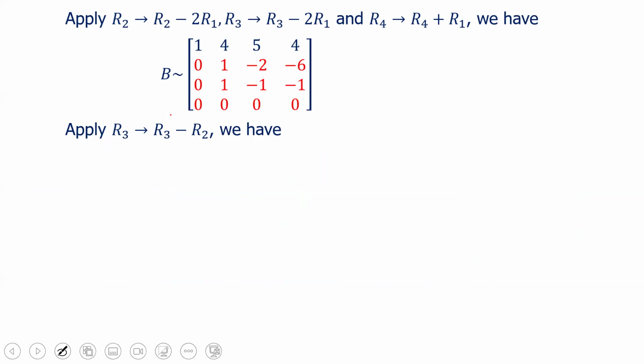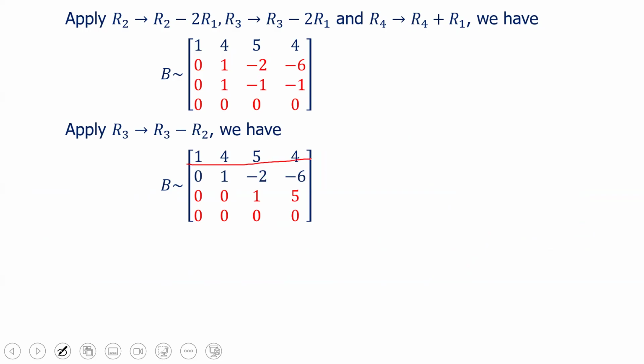Then the reduced matrix is: no change in the first row, no change in the second row. In the third row, 0 minus 0 is 0, 1 minus 1 is 0, minus 1 plus 2 is plus 1, minus 1 plus 6 is plus 5. Last row is already 0, no need to do any operation over here.